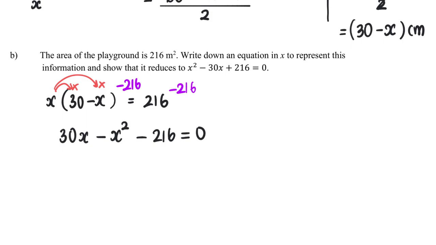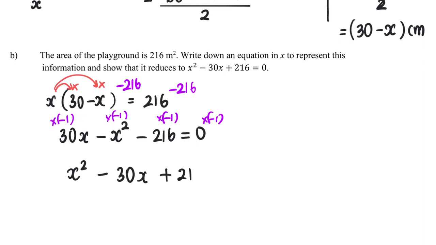And I will want to multiply by negative 1 throughout, so that I will have a positive x squared, negative 30x, positive 216 equals to 0. And I have shown this.